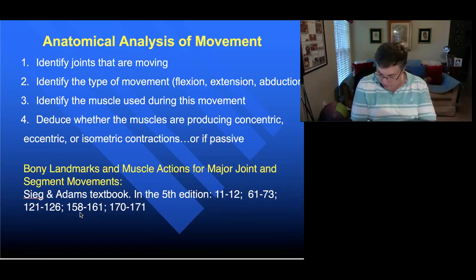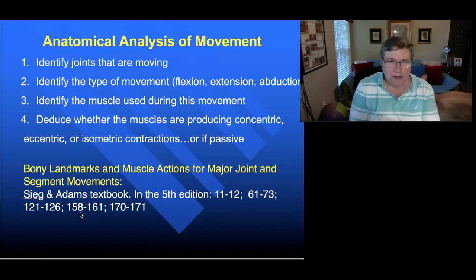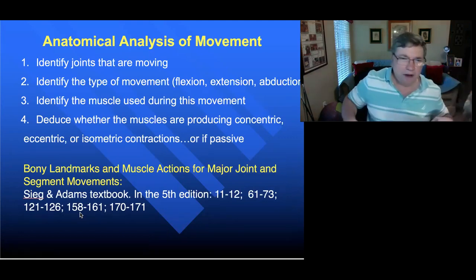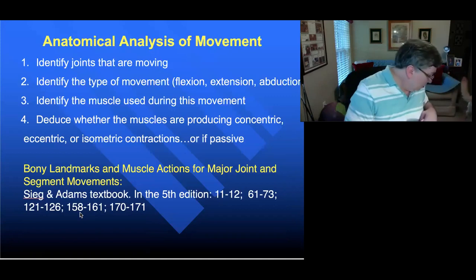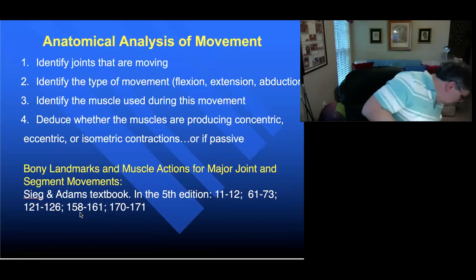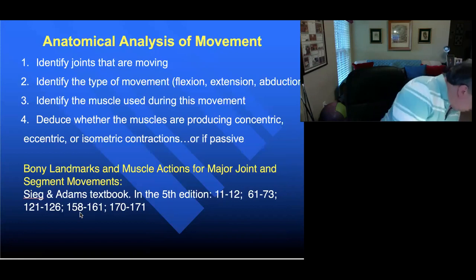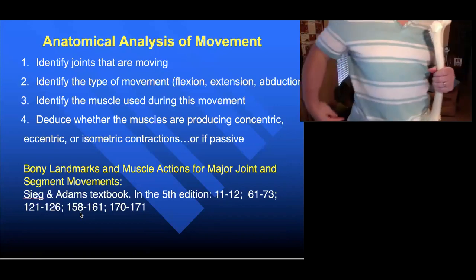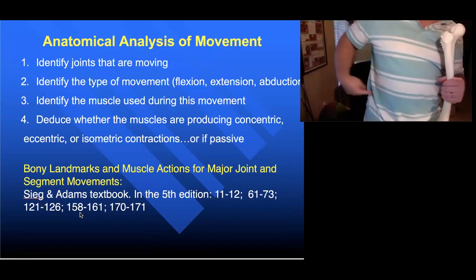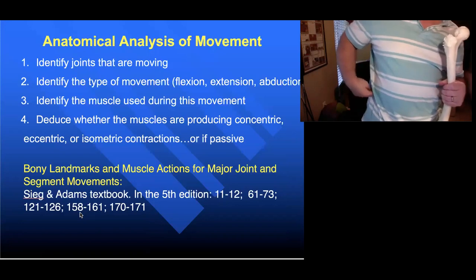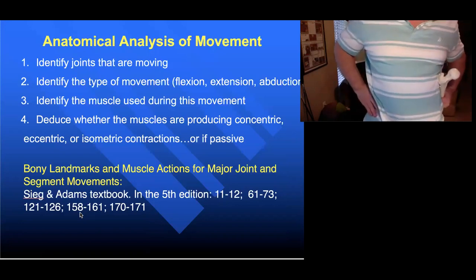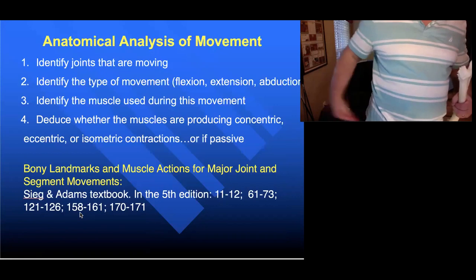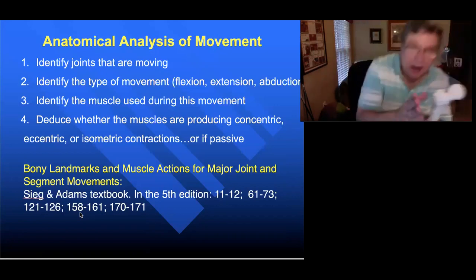Let's look at 158. So some of the first pages are about bony landmarks. Those are critically important because they tell you where you are. So for example, most people think that the hip joint is, I'm going to demonstrate, up here, and that is the iliac crest. A lot of people put their hands on the hips. It's actually not your hips. Your hips are down there. There's something called a greater trochanter.